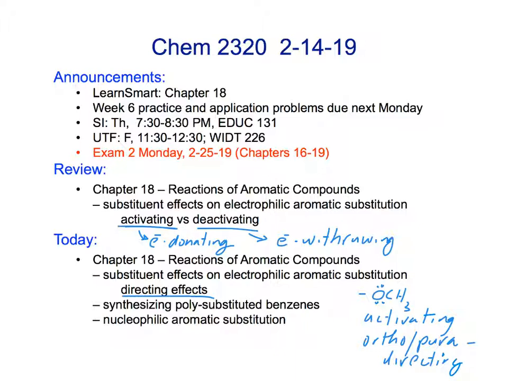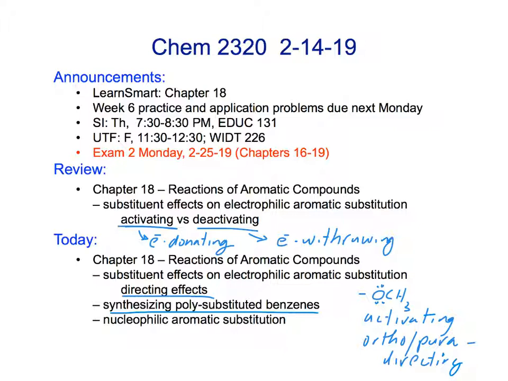What we're going to do next is look at a deactivating group and see what it does as far as directing. If we understand activating, deactivating, and directing, then we can start to synthesize benzene rings that have multiple substituents and control what positions they go to.